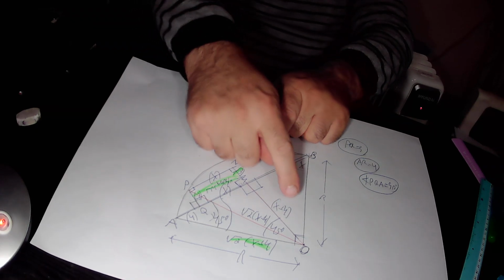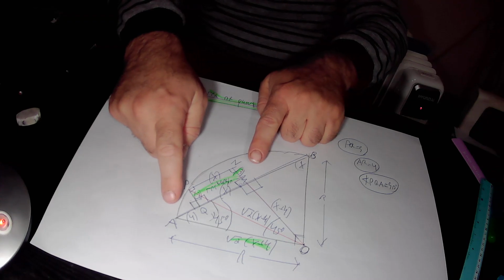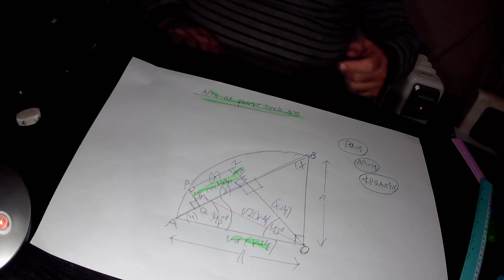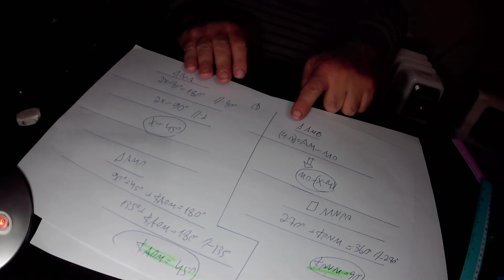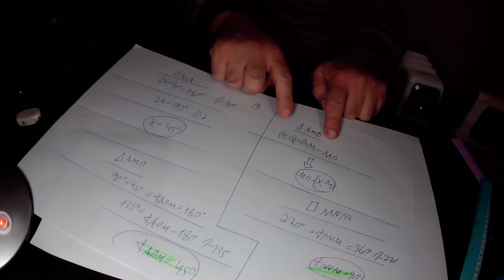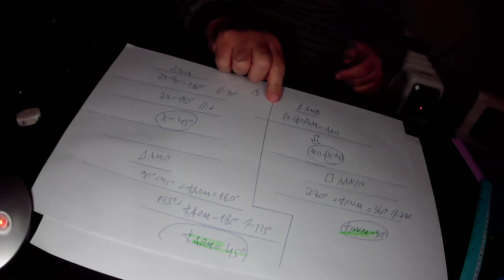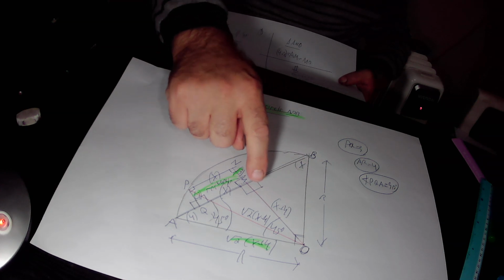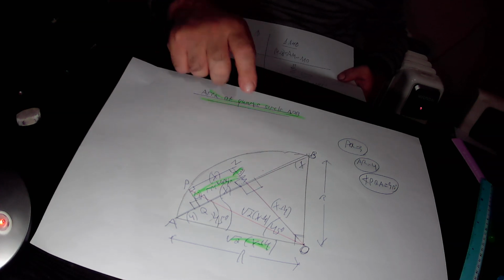So AM equals MO, but AM in totality is x plus 4, and therefore MO must also be equal to x plus 4 units in its length. Again, AM is x plus 4, and therefore OM must also be equal to x plus 4 units in its length.